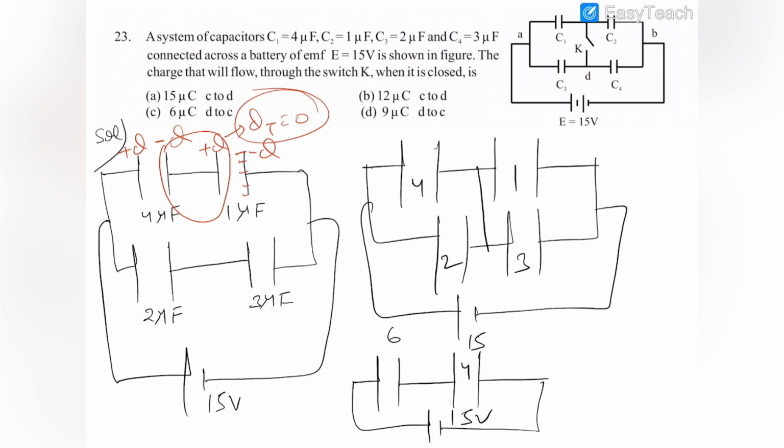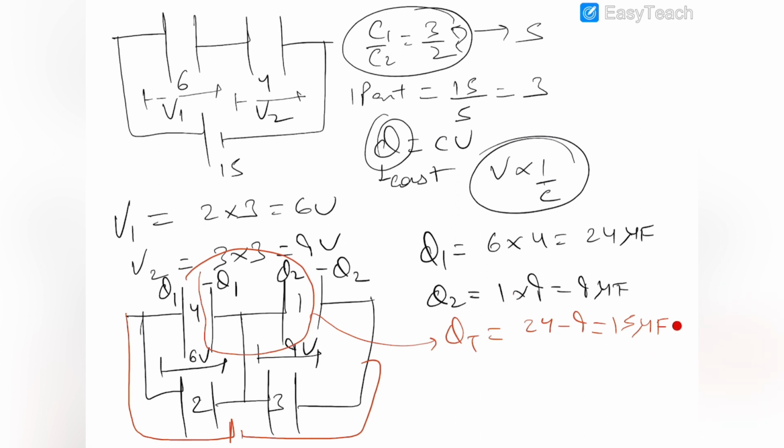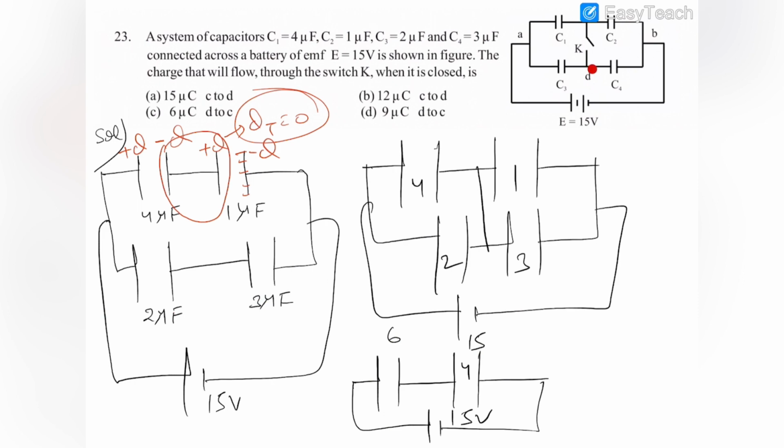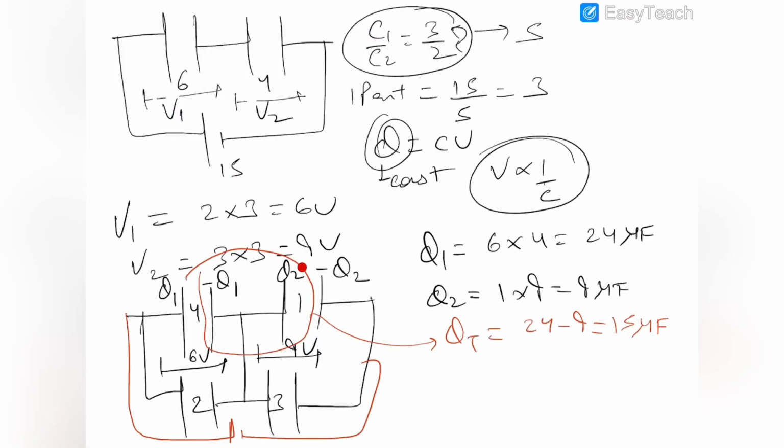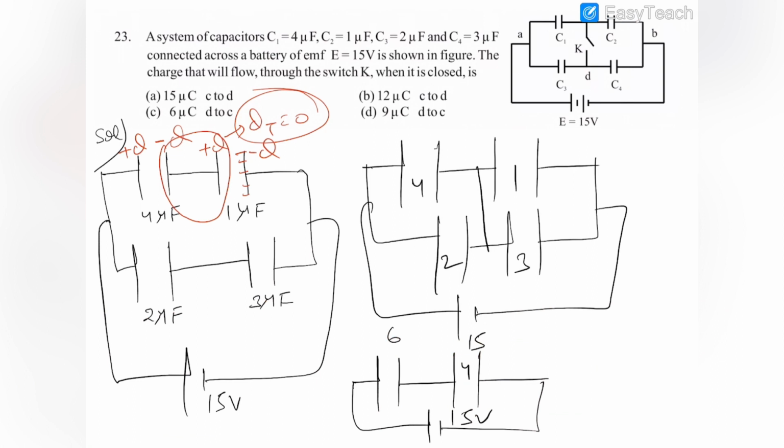So we have already discussed that initially the sum was 0, and after closing this switch, this sum is 15 microfarad. So we can say that charge has flown from D to C because the charge of this system has increased. So charge would have been flown from D to C. So Q flown will be 15 microfarad from D to C. So the correct answer will be option number A. Okay, so this is the correct option number A.